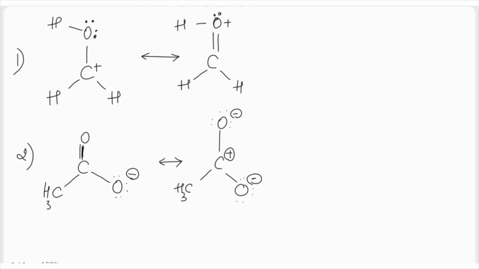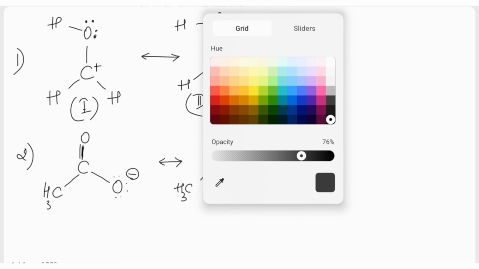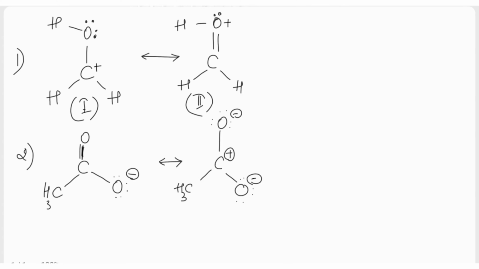Now let us see the rules to decide which resonance form will contribute more to the resonance hybrid. Whichever resonance form is more stable is going to contribute more to the resonance hybrid. Contributing structures that have a full octet are more stable. Look at the first one. Carbon has only 3 bonds, 1, 2, 3.